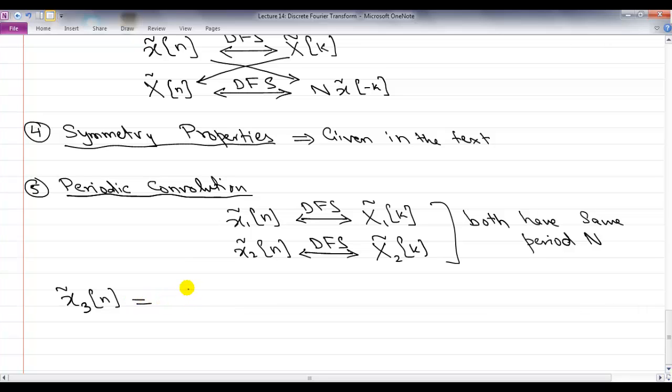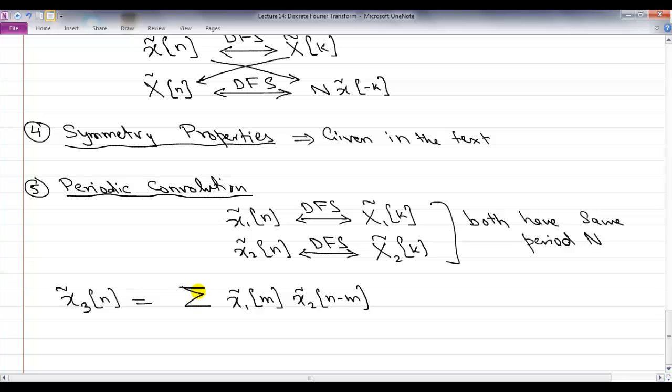That is given by the same expression as you see in your original convolution. You take one sequence, you flip and then shift the other sequence, so it's the same flip and slide rule. The only difference is what happens to the summation index.